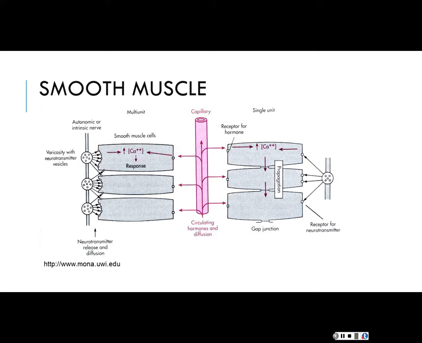I'm going to say no, because the intrinsic control comes from pacemaker cells. Do our multi-unit cells have intrinsic pacemakers? No. So our multi-unit cells are strictly dependent upon extrinsic control, predominantly from the autonomic nervous system, but certainly also responsive humorally.